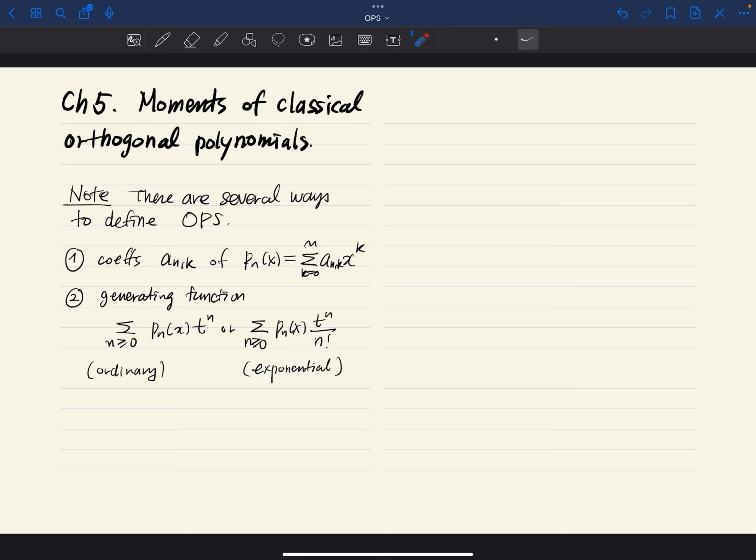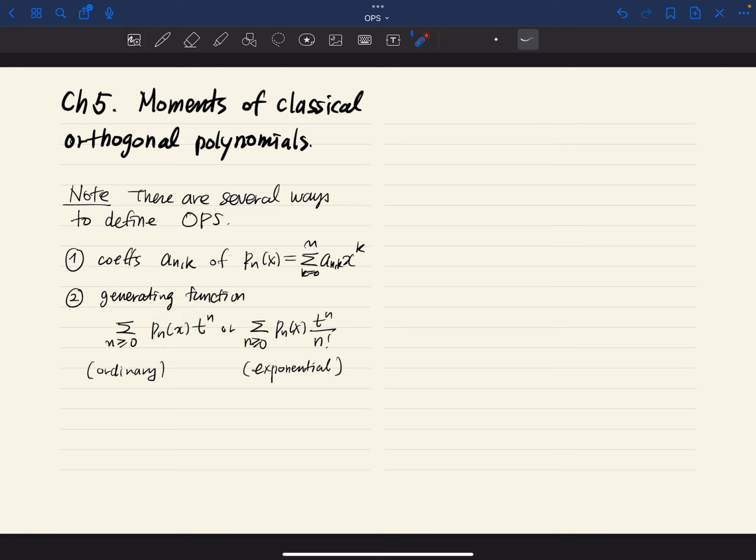So once we know a formula for this, for instance, if we know that this is t plus t squared over 2, something like that, then we know exactly what these coefficients are. So we know the orthogonal polynomials.